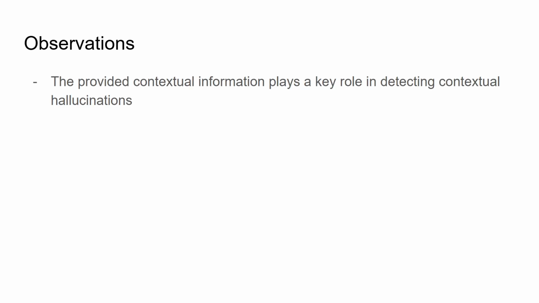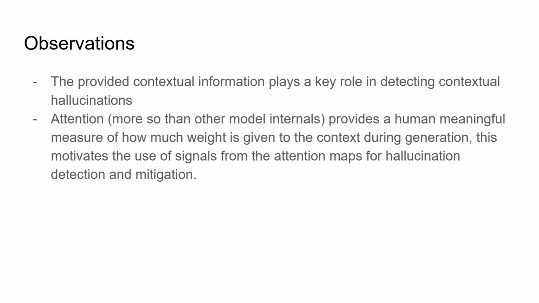So, some observations which this paper builds on. The provided contextual information plays a key role in detecting contextual hallucinations, because you're going to use that as a point of reference to see whether the model hallucinated. And then attention is much more meaningful than, say, the hidden state output of the 30-second layer of some LLaVA model, right?